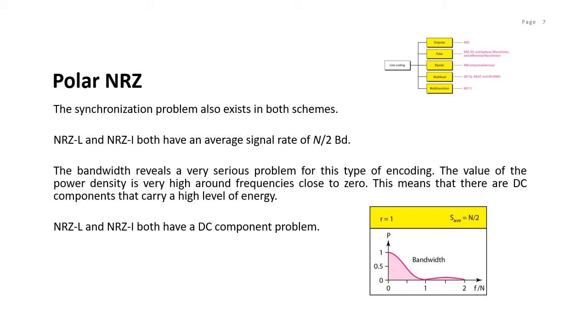The value of the power density is very high around frequencies close to 0. That means that they are DC components, and they carry a high level of energy. Most of the energy is concentrated in frequencies between 0 and N/2. This means that although the average of the signal rate is N/2, the energy is not distributed evenly between the two intervals.